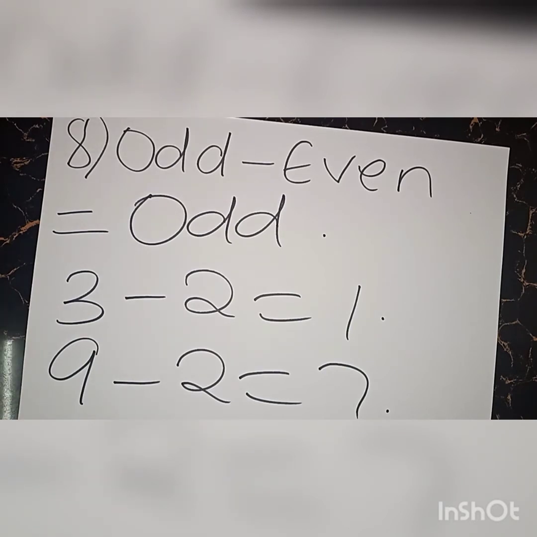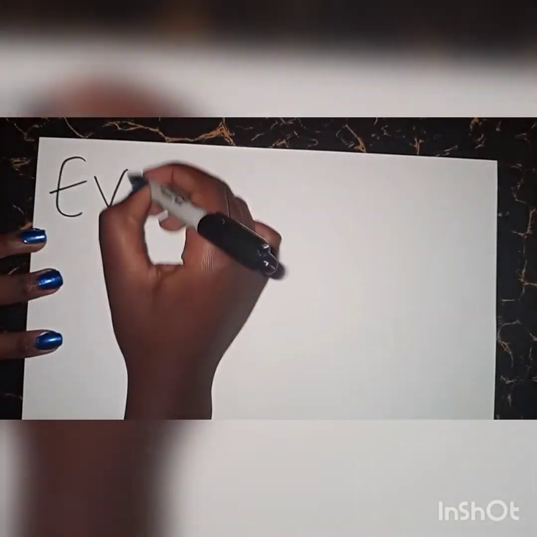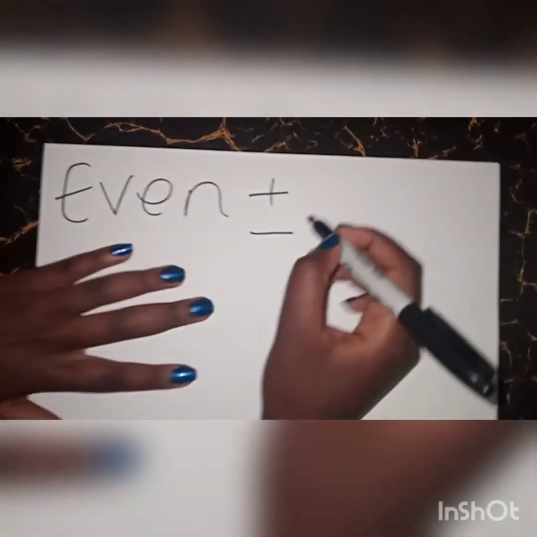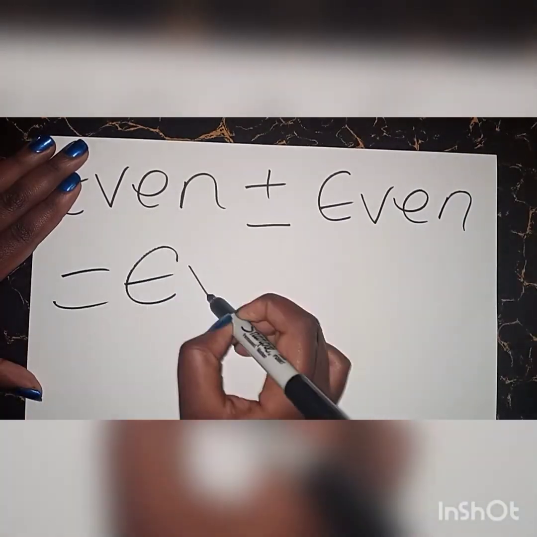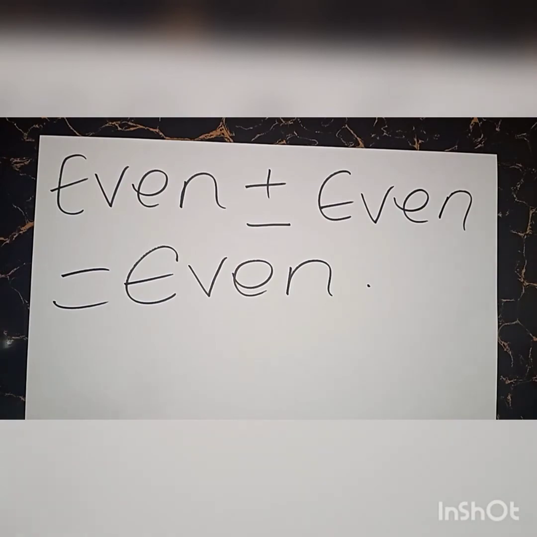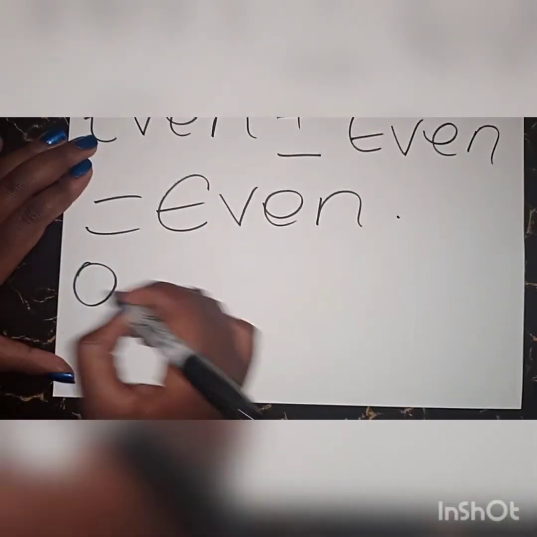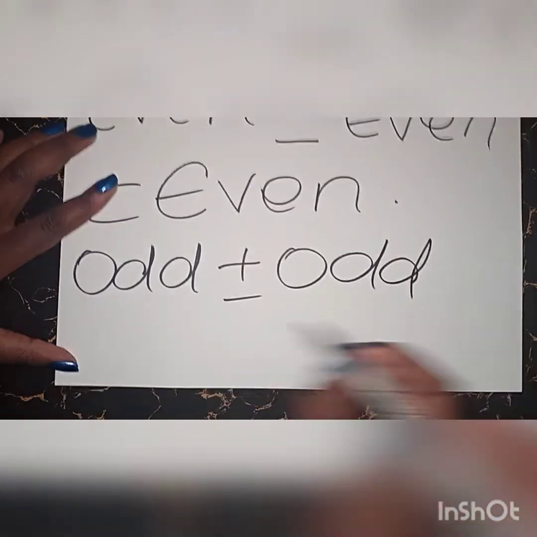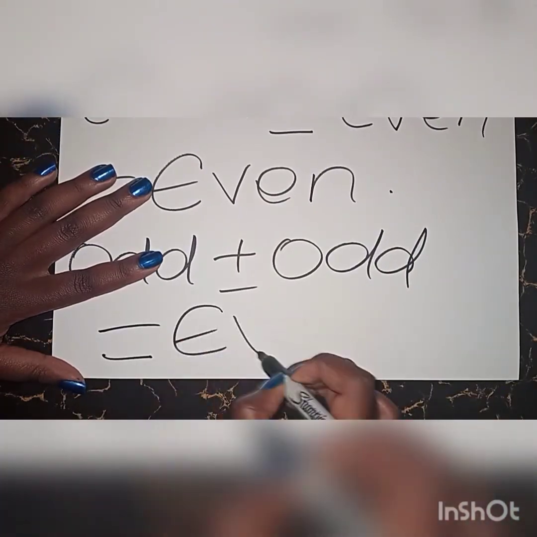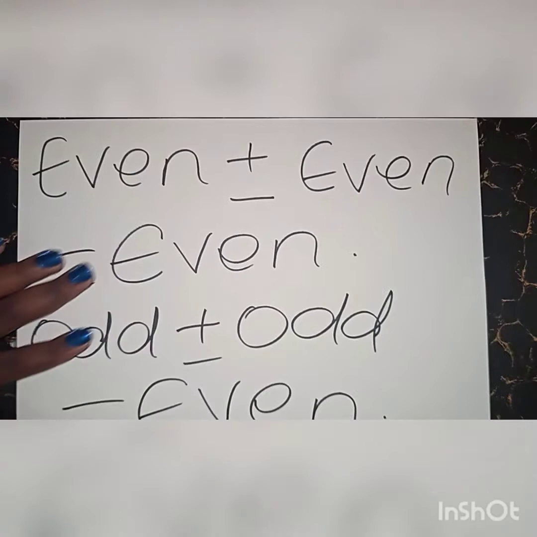When we add or subtract the same types of numbers, we get an even number, okay? Even plus or minus even gives us an even number, and odd plus or minus odd gives us an even number.